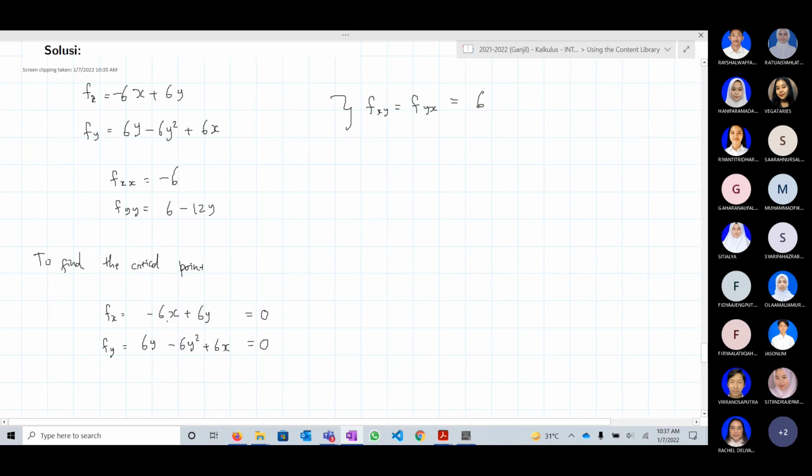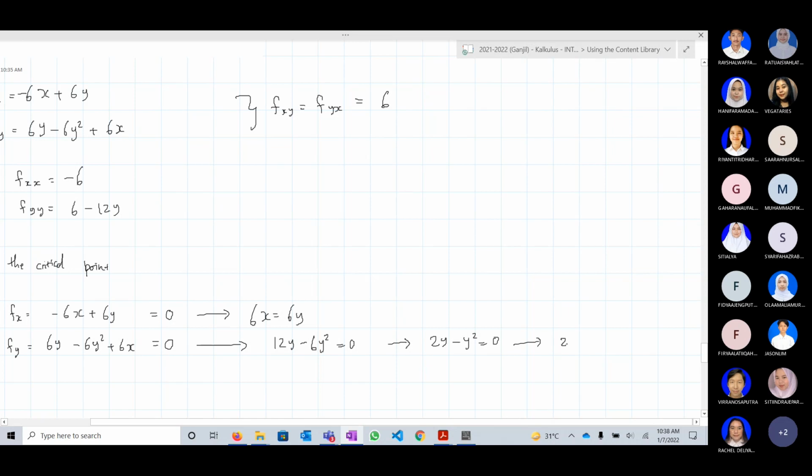From here we have minus 6x plus 6y equal to 0, so 6x equals 6y. So we have 12y minus 6y squared equals 0, meaning 2y minus y squared equals 0, which means (2 minus y) times y equals 0, so y equals 0 or y equals 2.